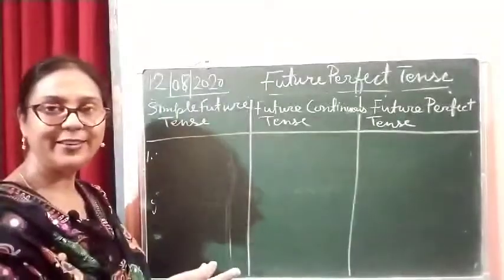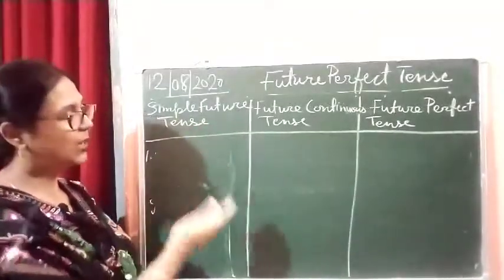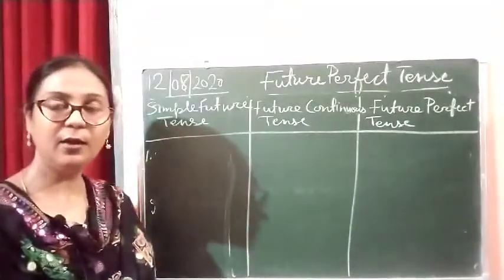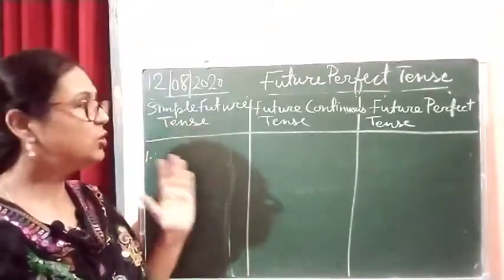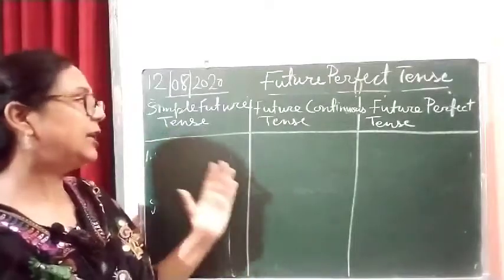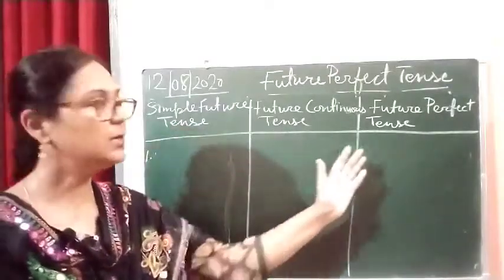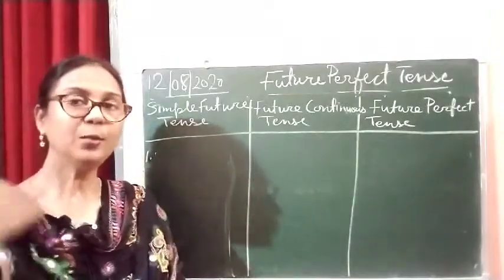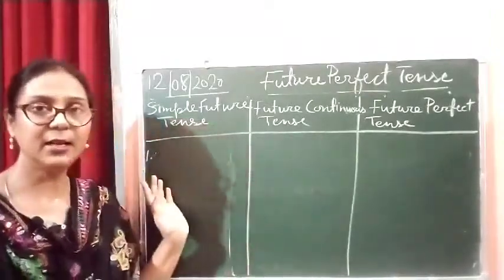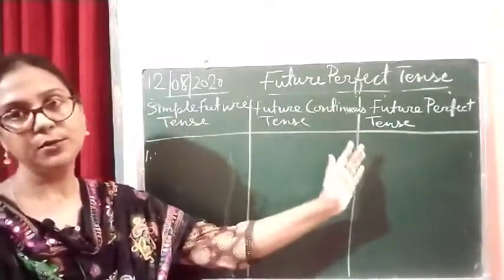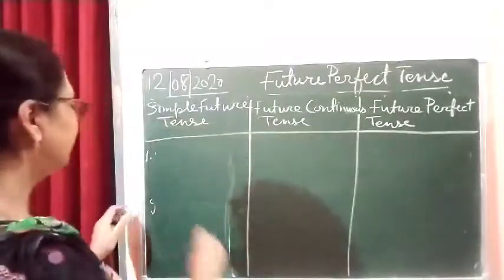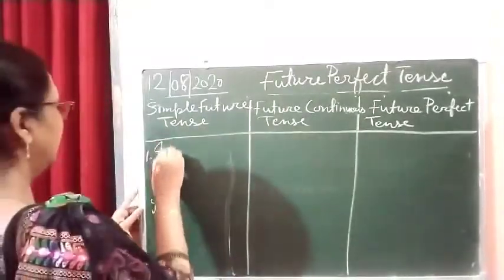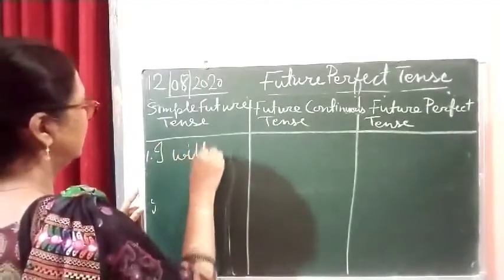Now here, children, as you can see on the board, I have drawn a table which shows simple future tense, future continuous tense and future perfect tense. So I am going to write over here one sentence in 3 forms of future. First of all, I will sing.